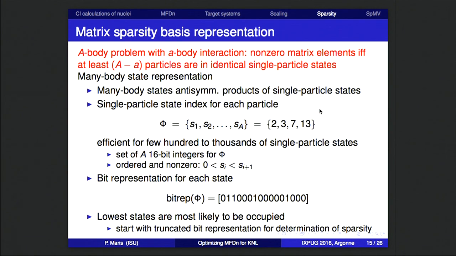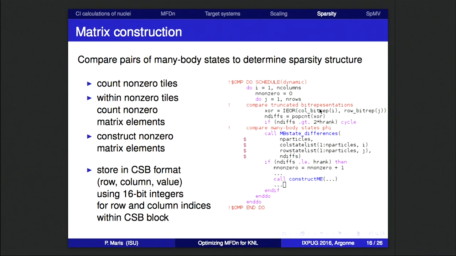Now, with the type of truncation that we use, most of the time the lower states are more likely to be occupied than the higher states in this bit representation. So we also have what I call a truncated bit representation, where I take the first 8 or the first 16, or actually in practice the first 64 bits, which carries most but not all of the information. So that's how we start, and this is schematic.